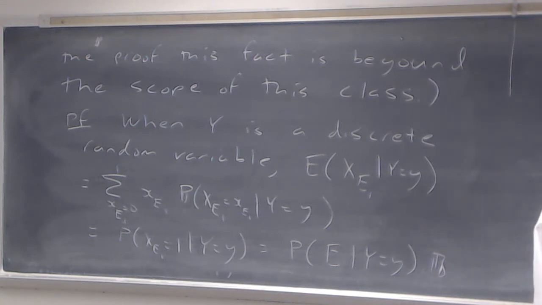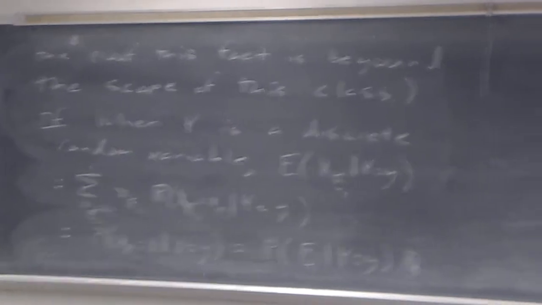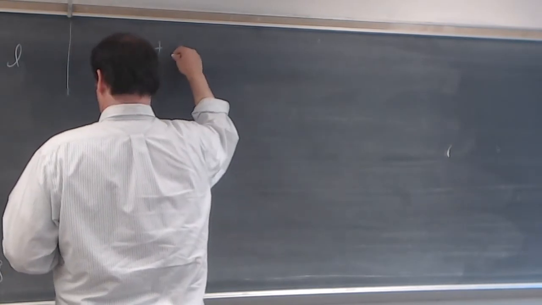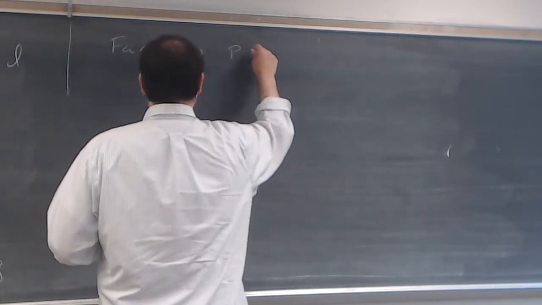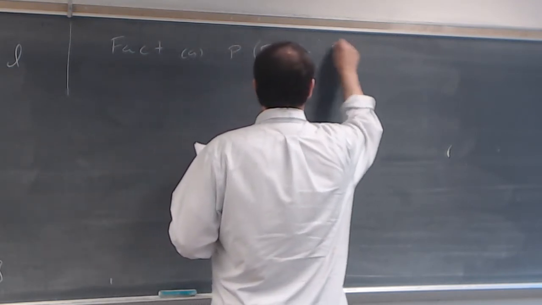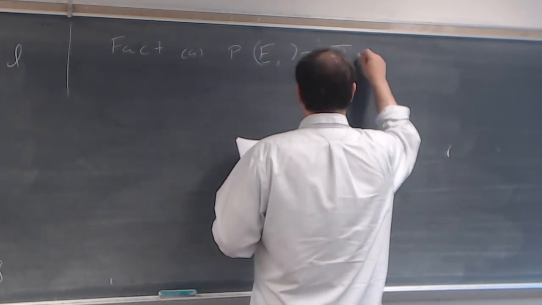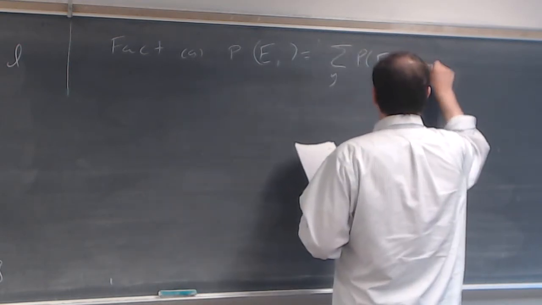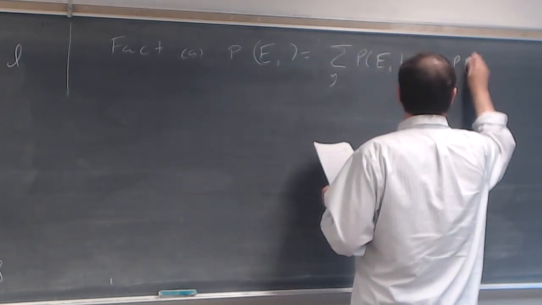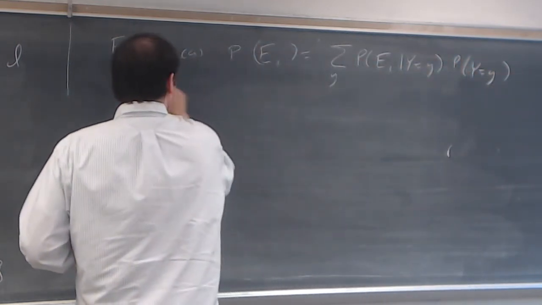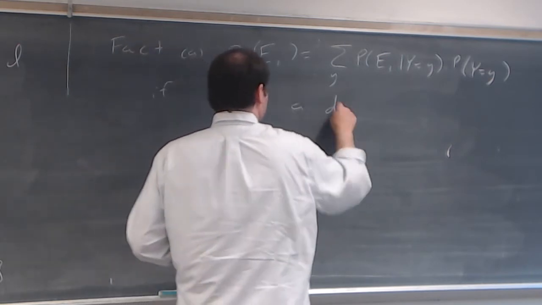Okay, we'd like to look at two more facts. Here's fact A. The probability of E sub 1 is equal to the sum over the y values of the probability of E sub 1 given Y equals y times the probability that Y equals y, if Y is a discrete random variable.